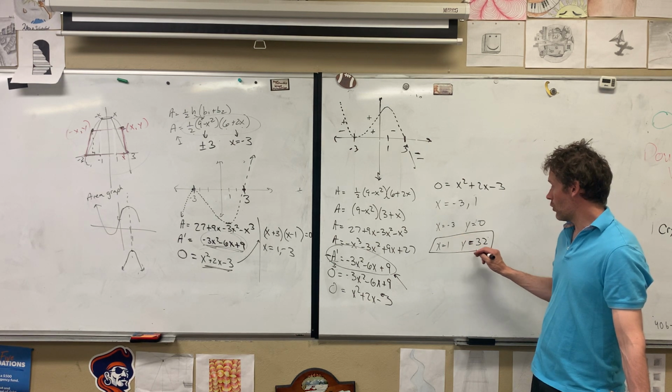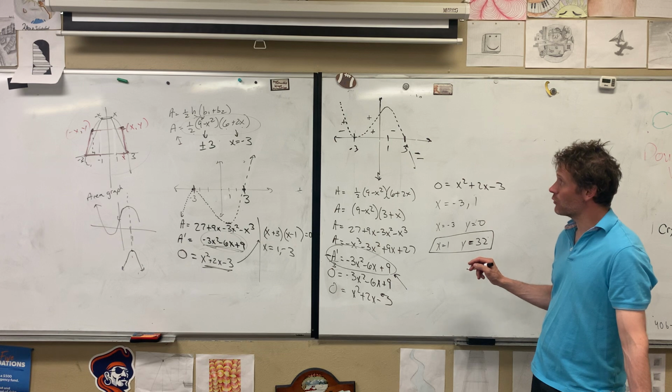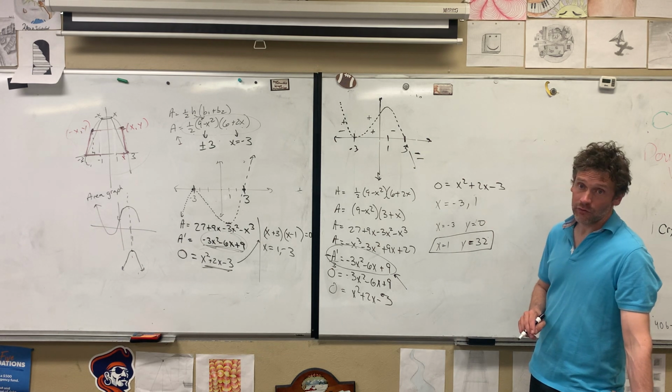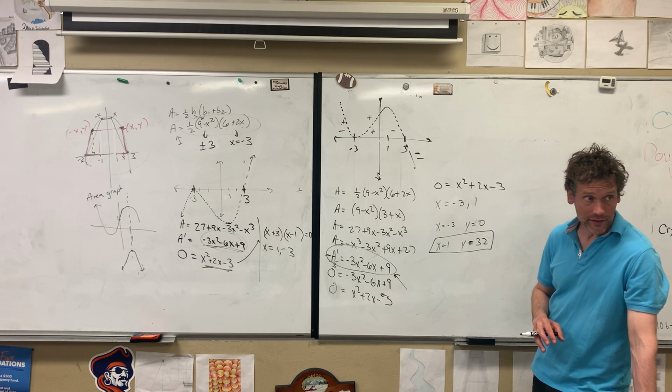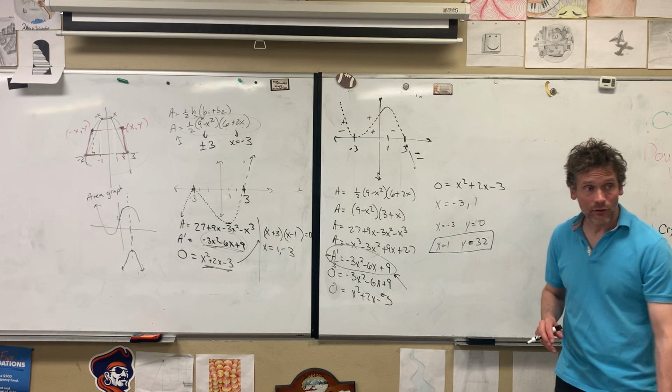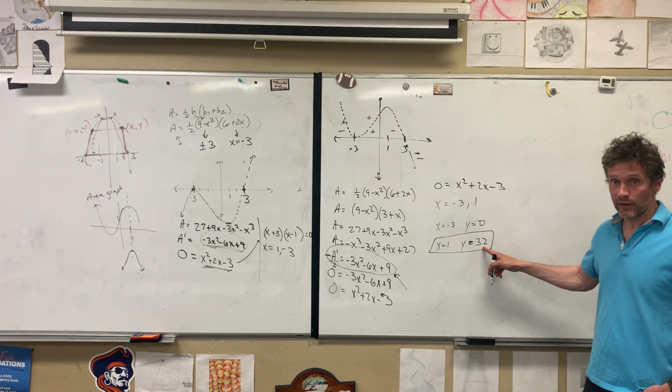You also know that it's a local max when you look at the derivatives. Now in a formal calculus class or AP class, you would have to state how you know it's a maximum here versus a minimum.